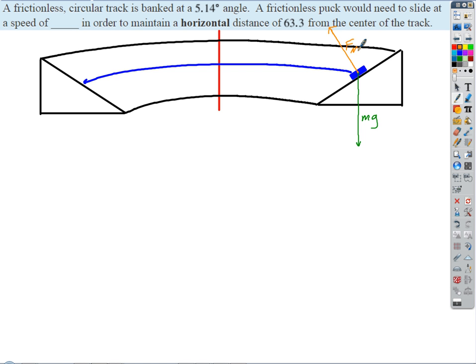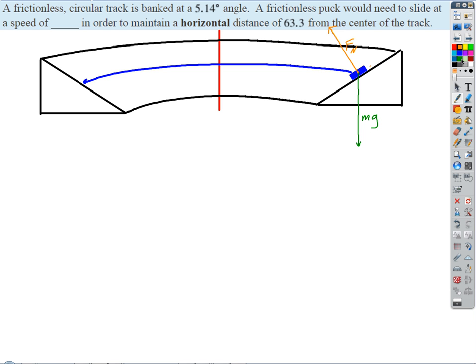Okay. So this looks an awful lot like the problems we dealt with in previous chapters when we were looking at an object sliding down a hill, right? If this puck were just sliding down the ramp, with no circular motion at all, which of the two forces, normal force or gravity, would be causing it to slide? Gravity, right? Because gravity has a component.